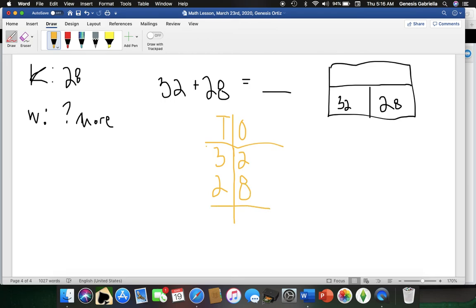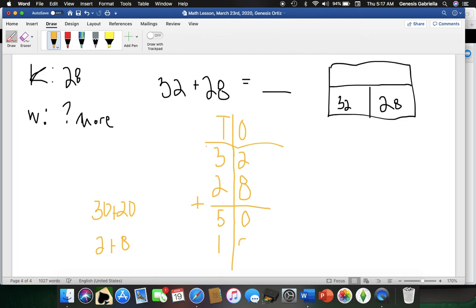Okay, now I am going to add my tens, which is 30 plus 20, which is 50. Then I'm going to do my ones, which is 2 plus 8, which is 10.